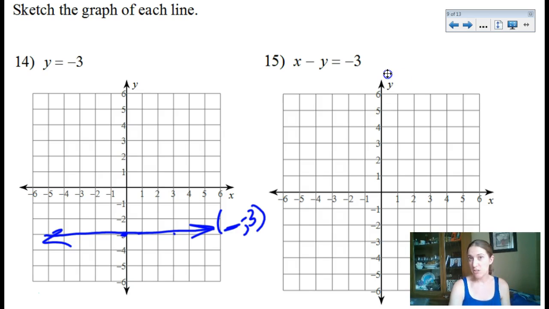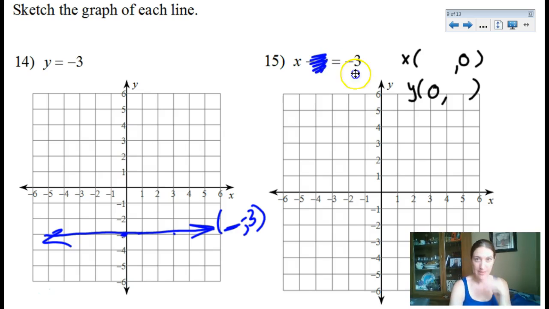So again, on 15, you can either rearrange this into slope-intercept form, or you can do the x and y intercept method. So let's practice that intercept method a little more. I feel like that is one of the things we don't get to do a lot of in algebra. So for the x-intercept, that would be when y is 0. So pretend that y term doesn't even exist. So you get x equals negative 3.